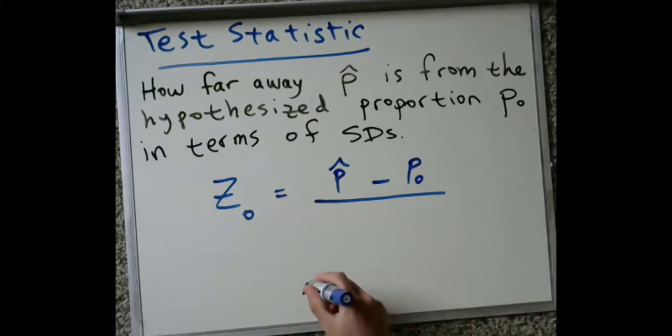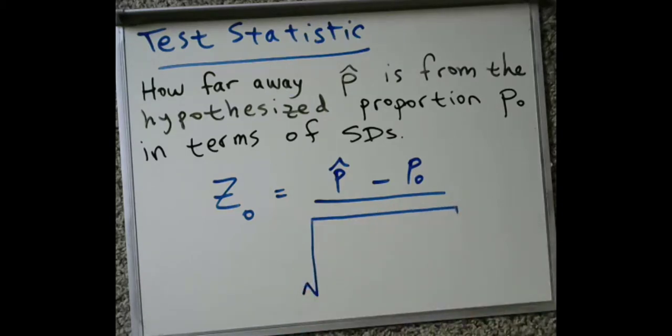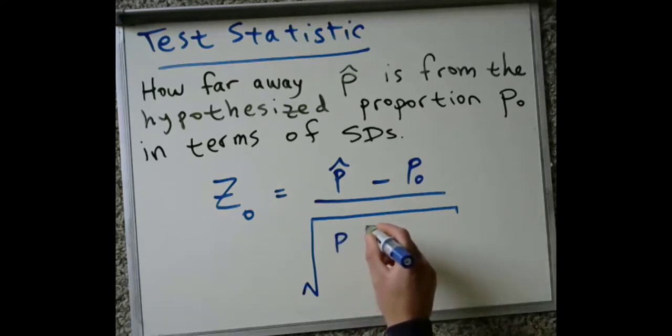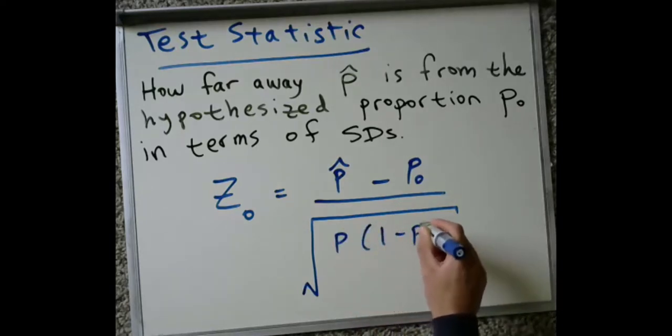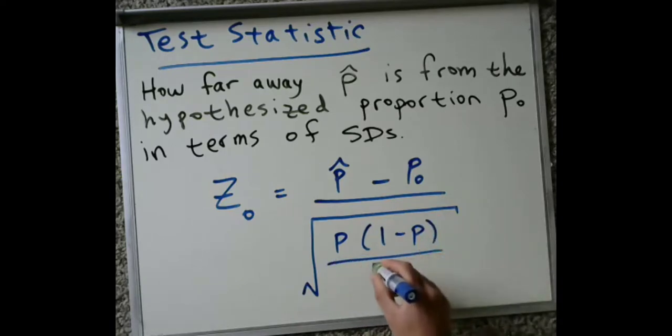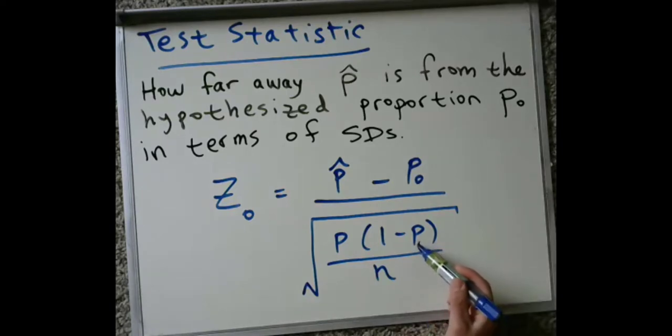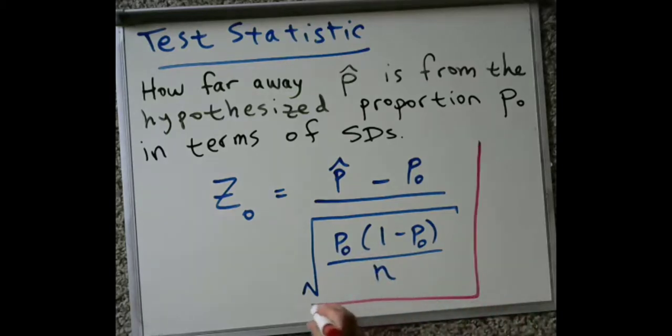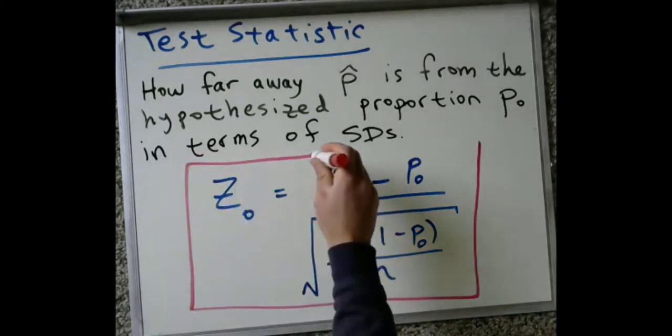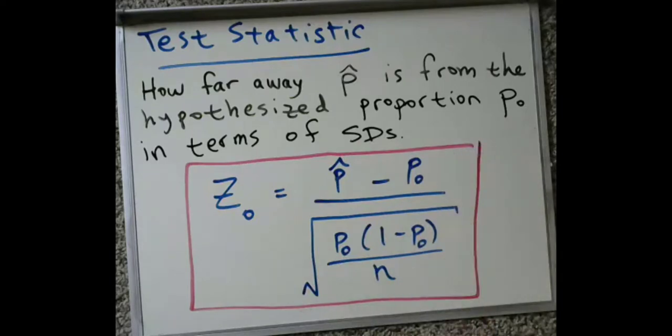Divide by the standard deviation for the proportions. We saw this was the square root of p times 1 minus p over n. But the tweak that we will put here is that this p needs to be that number from the null hypothesis. So go ahead and put that in a box. We're going to use that quite a bit. That is our test statistic.